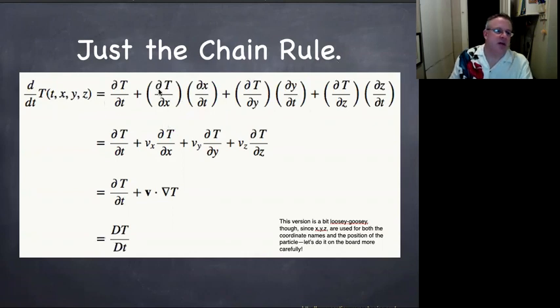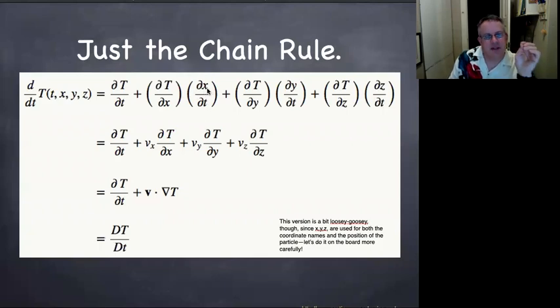And so, looking at these, this is just the total derivative in general for any function of t, x, y, and z. What makes it a material derivative is we choose special dx/dt, dy/dt, dz/dt. So the derivative of x with respect to t is not any old rate of change of x with respect to t.